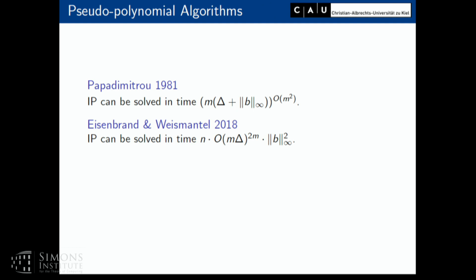What we did is we improved slightly on this. You can avoid the term n here, using it only as preprocessing. And instead of the largest value on the right-hand side, you use only a logarithm of this. That's also useful, as we see later, for feasibility and proximity results.